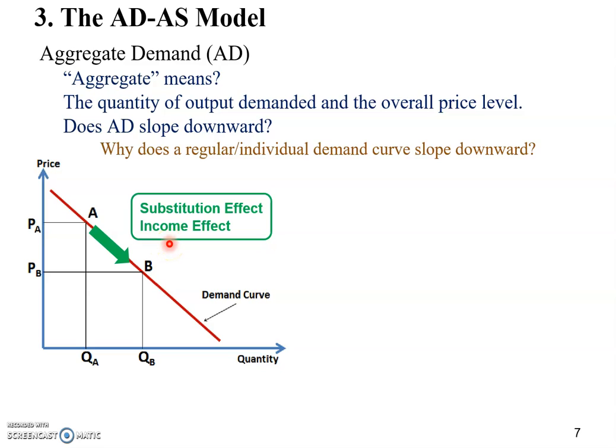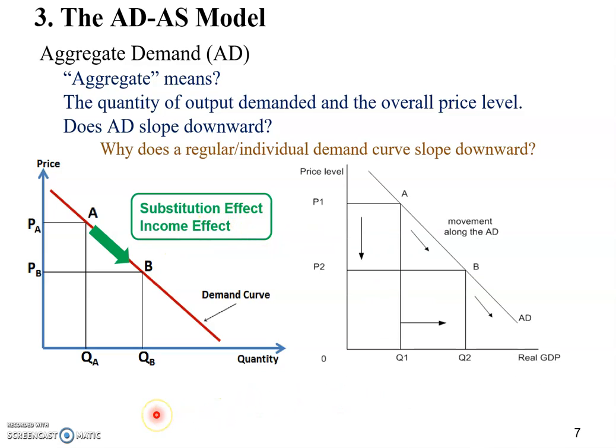Of course, how much higher depends upon how expensive this product is and how much we actually spend on it. So this downward slope is actually caused by these two effects. Then naturally, we would like to believe that the aggregate demand curve slopes downward because of the same two effects, substitution and income effects.